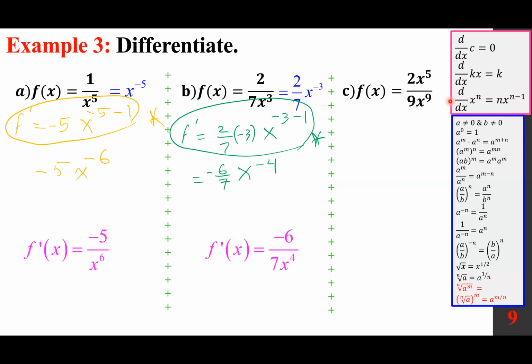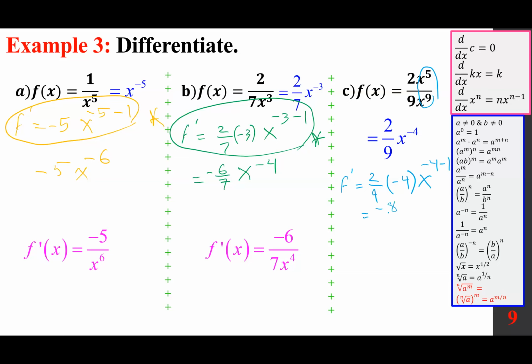Part C, again, the way it's given, I can't use the power rule. So to use the power rule, I'm going to work on these two and make it x to the power of -4. Now I can say f prime is 2/9 times the exponent -4, x to the power of the exponent minus 1.